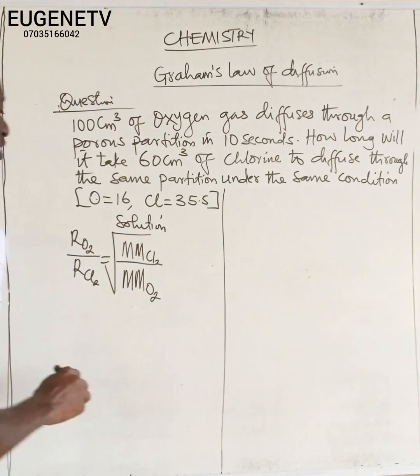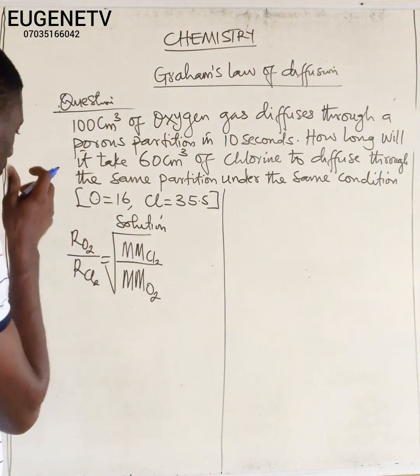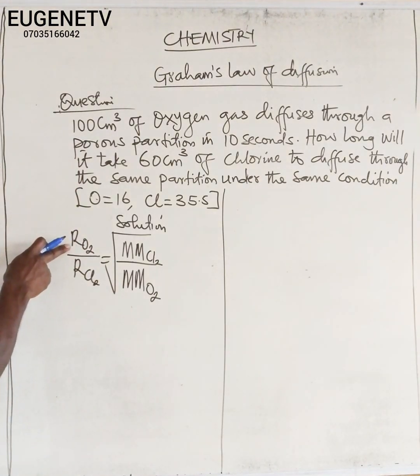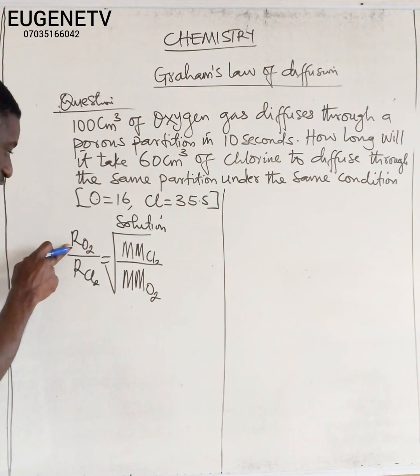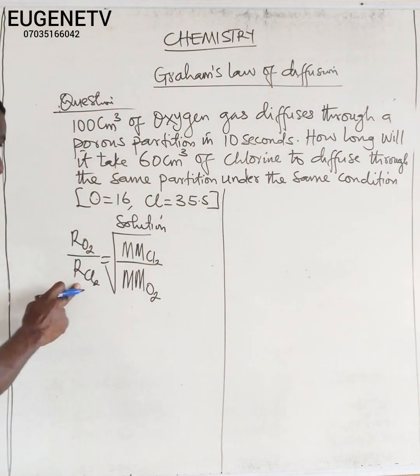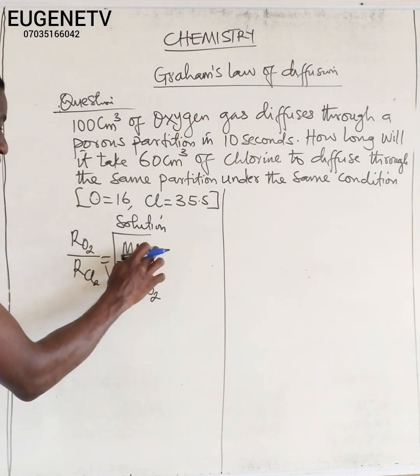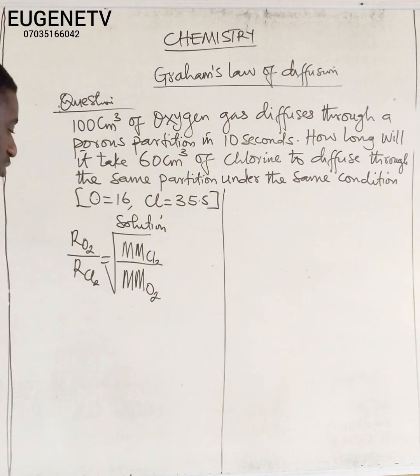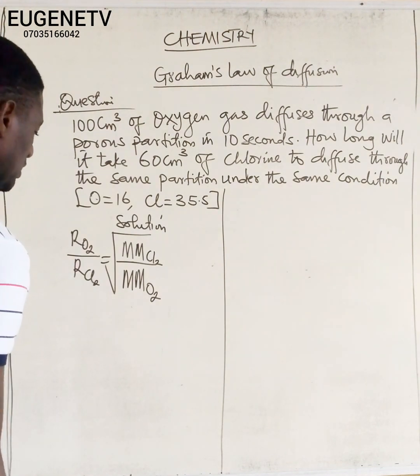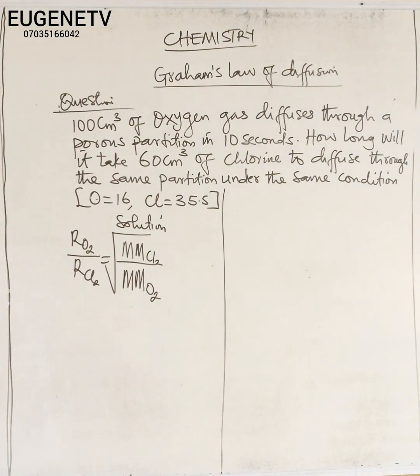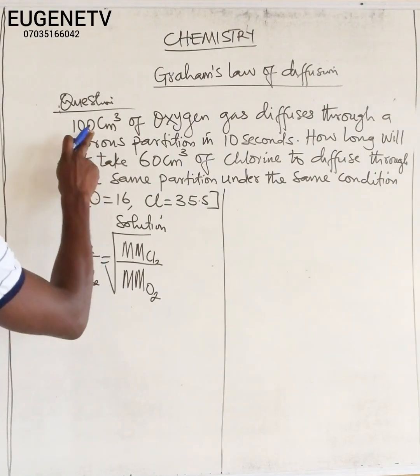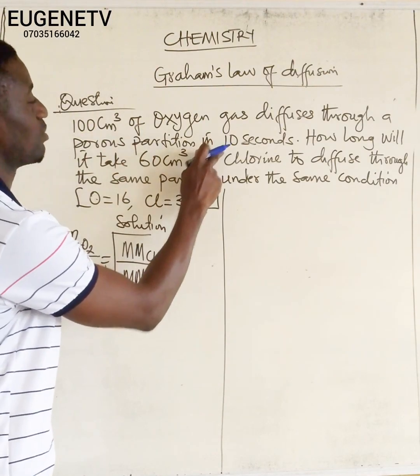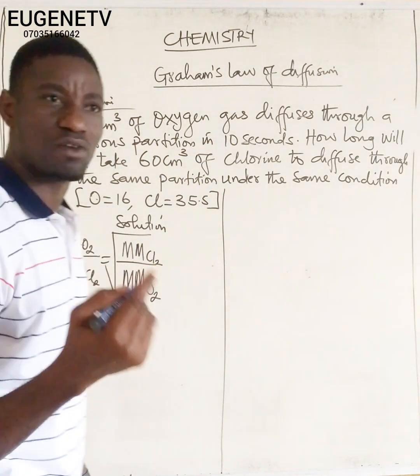Alright. So the first thing we need to do here is find the rate of diffusion of oxygen, the rate of diffusion of chlorine gas, the molar mass of chlorine gas, and also the molar mass of oxygen gas. Now, since we are given volume and time, how do we find our rate of diffusion?